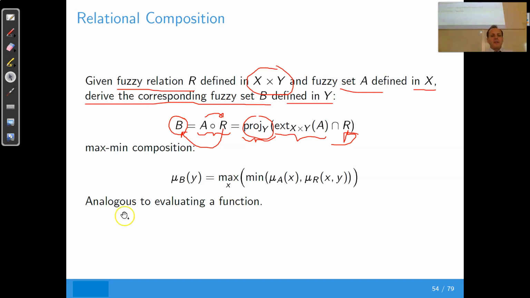From a mathematical point of view, as suggested here, it is very close to the evaluation of a function.